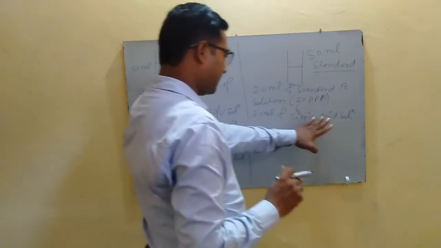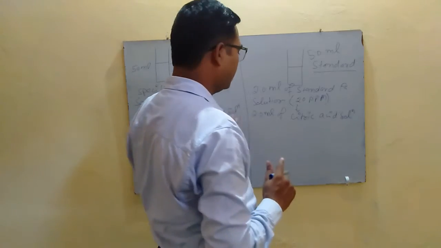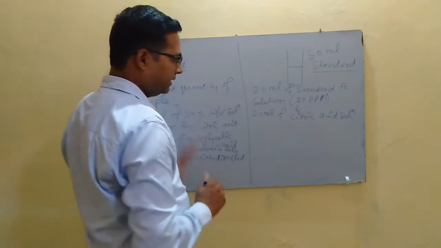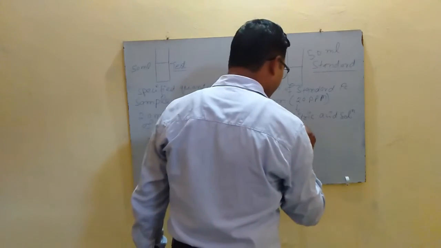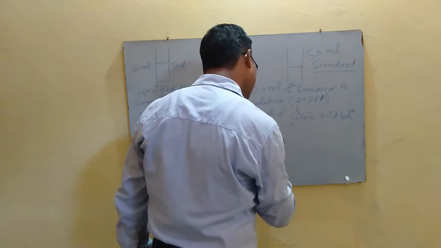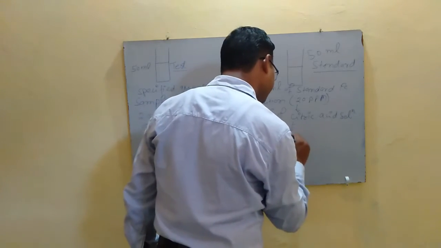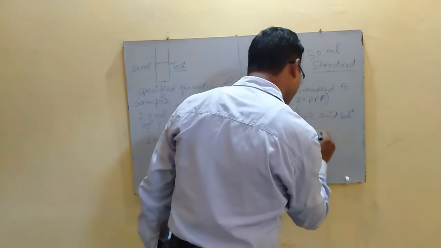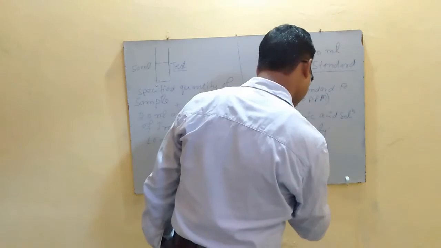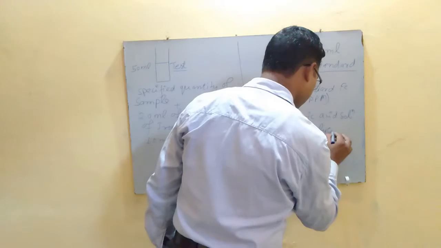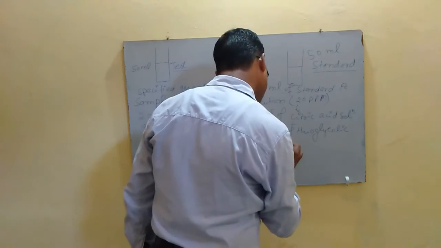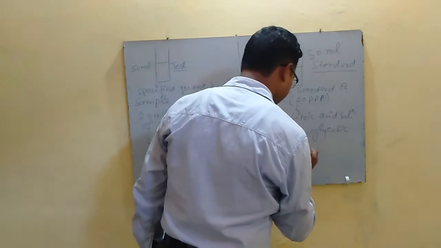The strength of this citric acid solution is 20% w/v, as I have told in the case of the test solution. Then 1 ml of thioglycolic acid is also added.